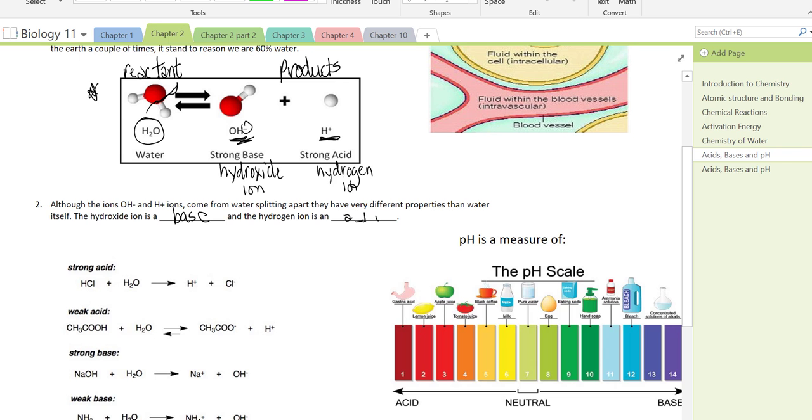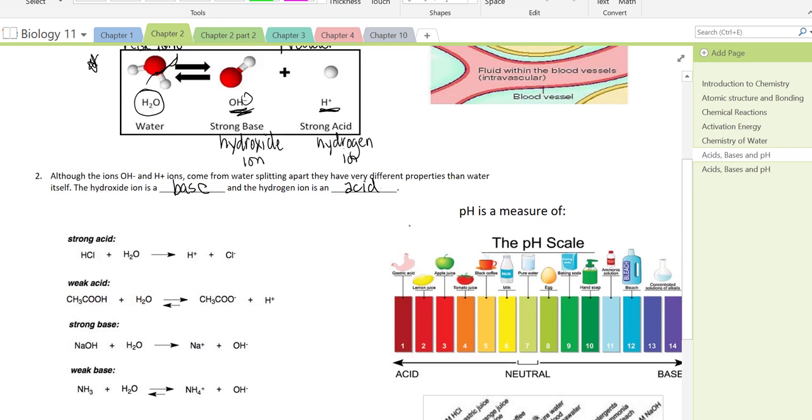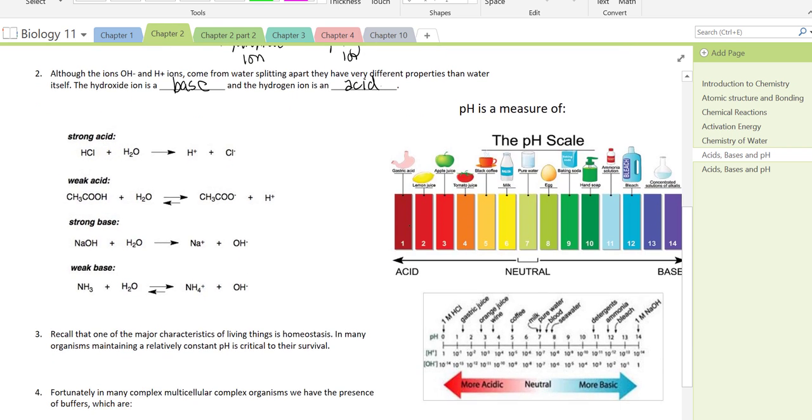Now, this is just the case for water splitting apart, but there are many other materials that can produce hydroxide ions or hydrogen ions.